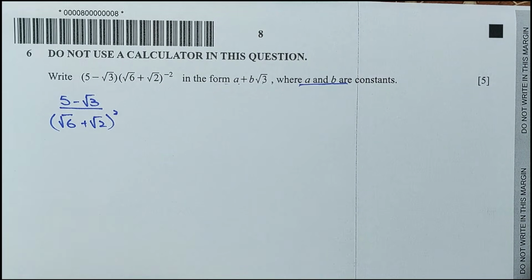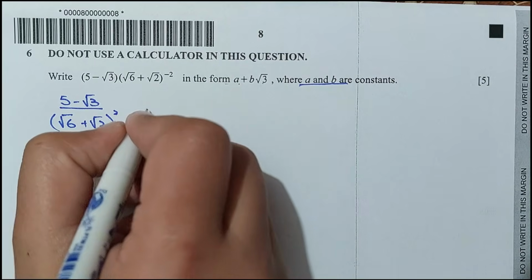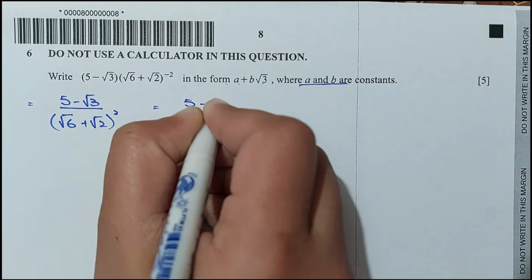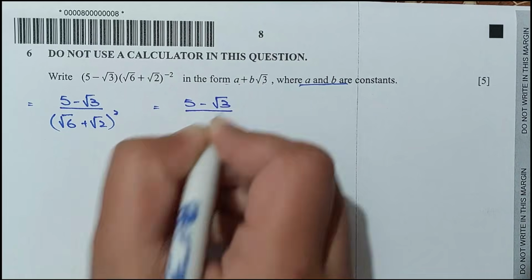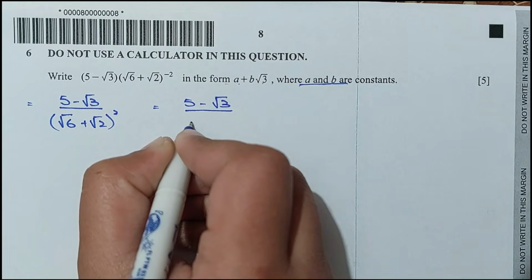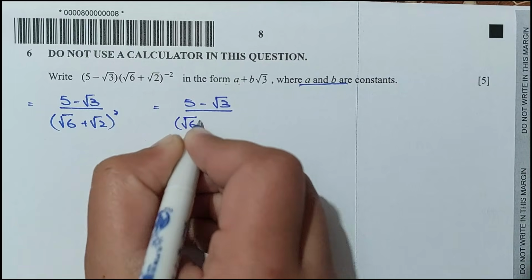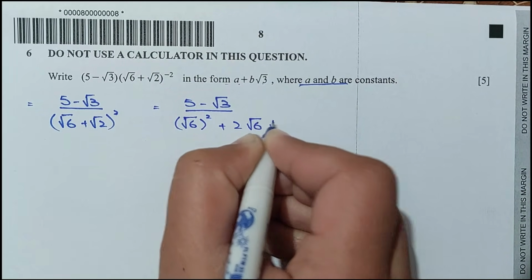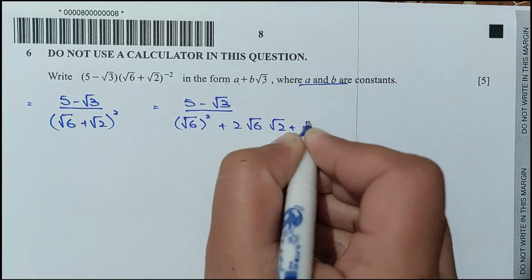All right, so let me simplify this further. This is (5 minus root 3) over, open the square, (a plus b) whole square: the first term square, plus 2 times the first term times the second term, plus the second term square.